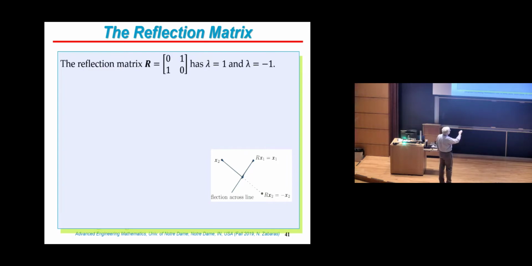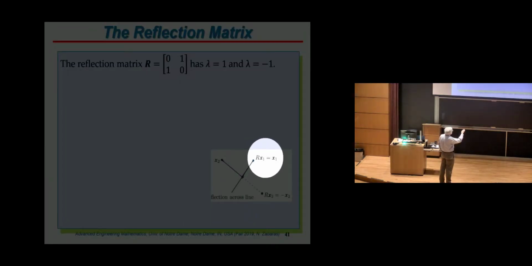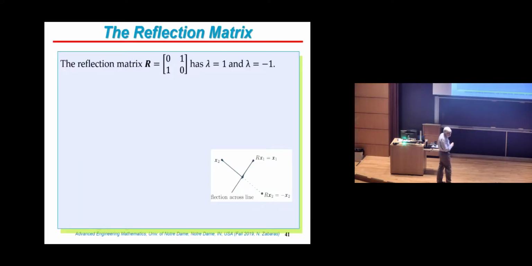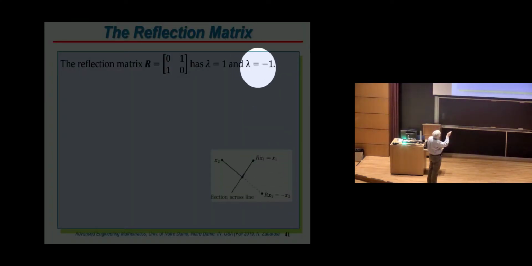So R operating on x1 gives you x1. So there must be an eigenvector that spans this line. But if you are on the orthogonal complementary space, x2 would be reflected to -x2. That's what reflection means, okay? And that's what leads to this eigenvalue, lambda equals -1.